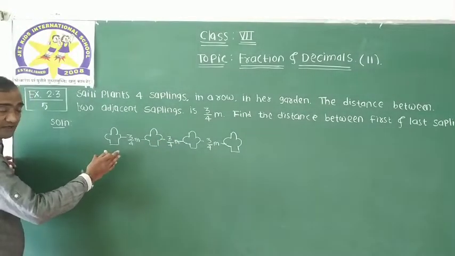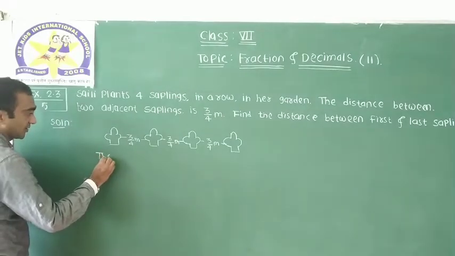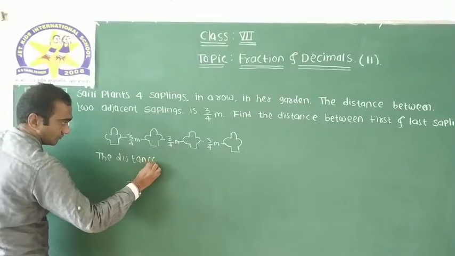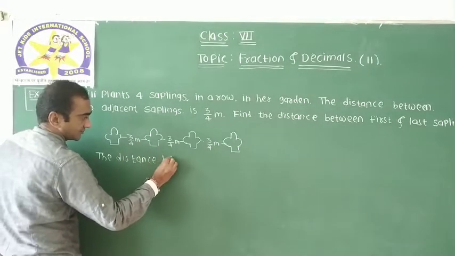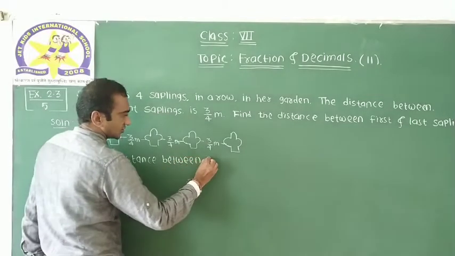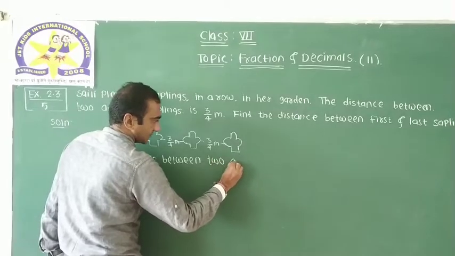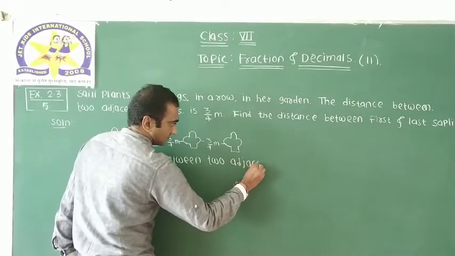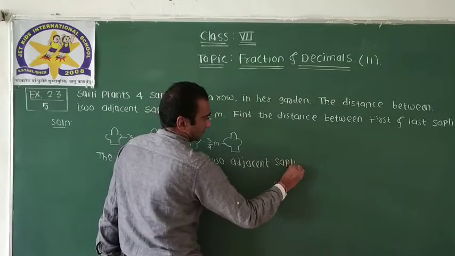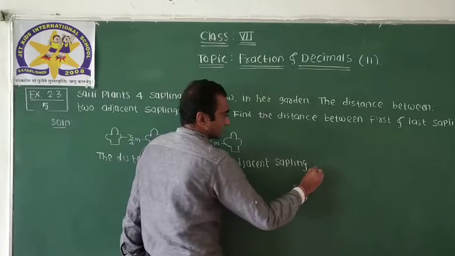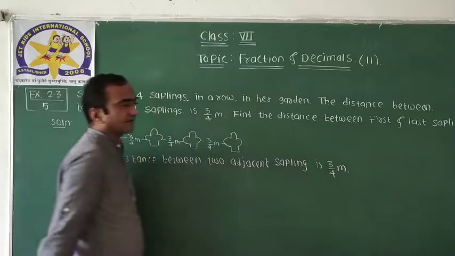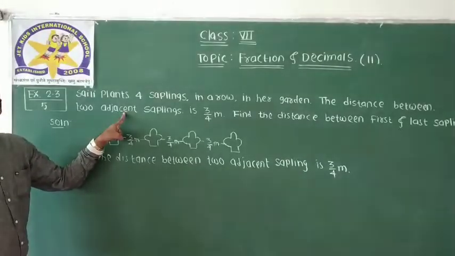And the distance between 2 adjacent saplings is 3 by 4 meter. Okay, the distance between the 2 saplings is 3 by 4 meter.